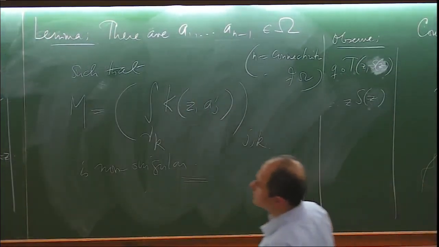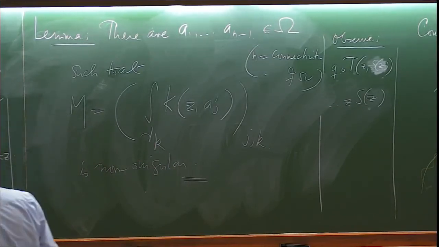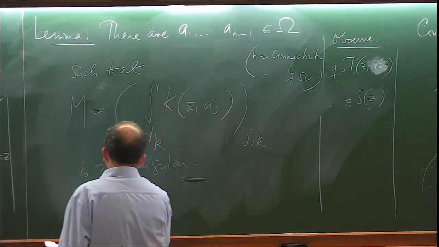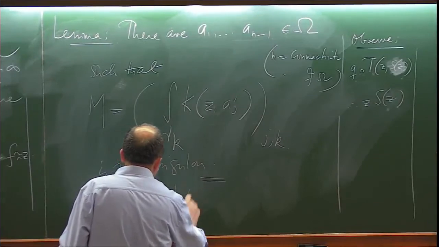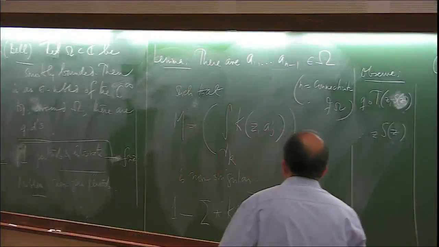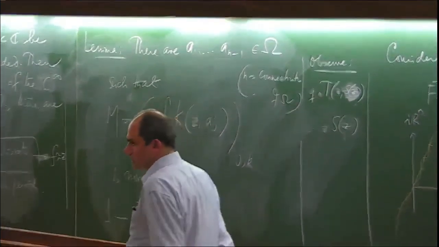So how do you do this perturbation? Well, you want to perturb in such a way that you eliminate all the periods. So look at 1 minus a certain linear combination of K(z, a_j), where the a_j's are these points. What the coefficients are, we don't know at the moment.